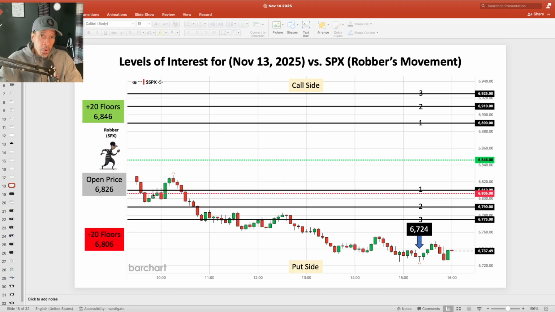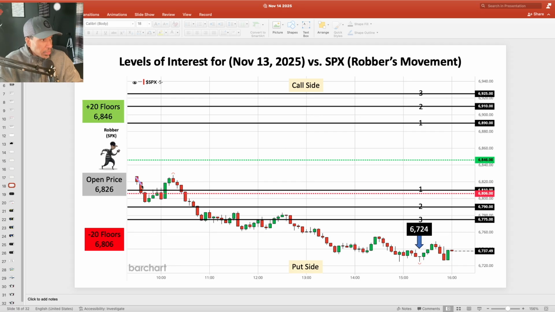And oftentimes it will mean that that's the predominant move that the SPX will make throughout the rest of the trading session, potentially, right? So when that 20-point move is made either to the upside or downside, I'm actually looking to place my position in the direction in which that 20-point move has been made. Now that may seem counterintuitive, but you'll see why here in a few minutes.